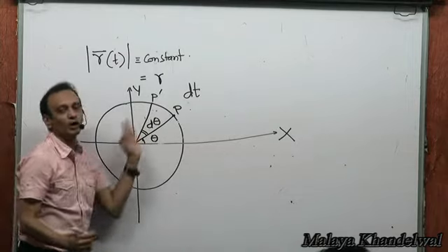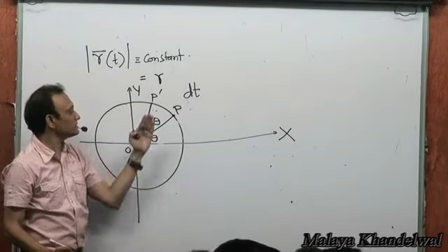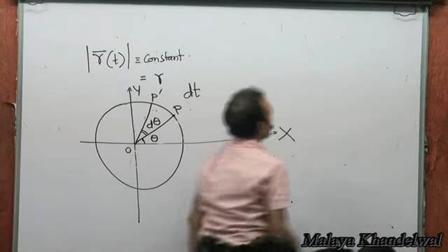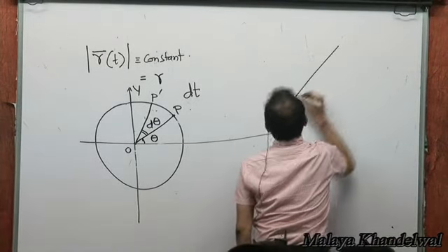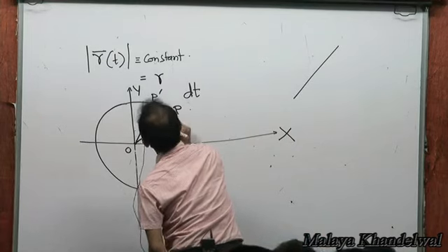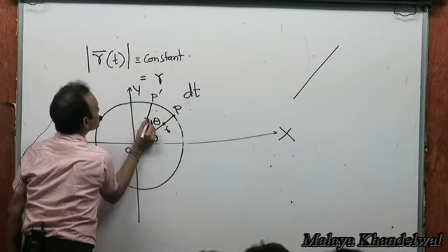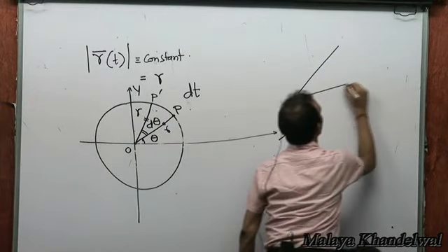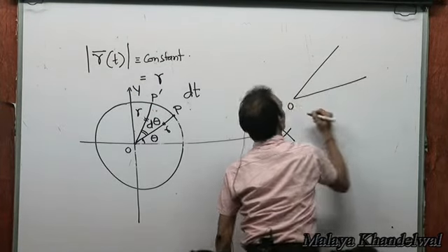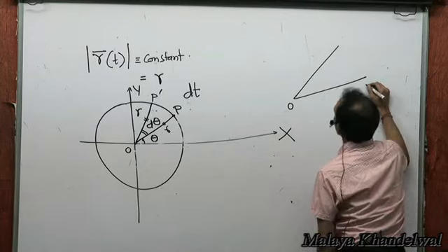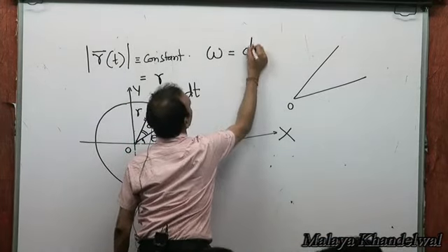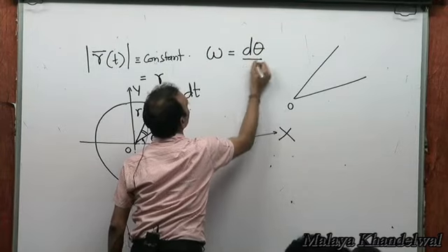Theta changes by a small amount, d theta. r is the radius of the circular trajectory. So d theta by dt would measure what? The omega. d theta by dt would measure the omega.